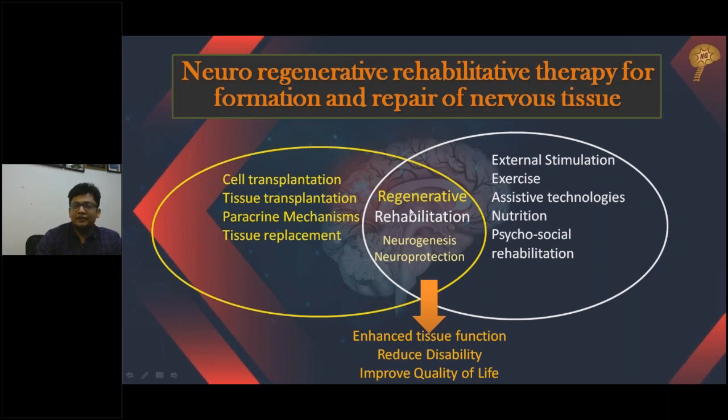When regenerative medicine combines with rehabilitation, there is neurogenesis and neuroprotection. So there are 2 things happening, neurogenesis and neuroprotection, and it enhances tissue function, reduces the disability, and improves the quality of life.